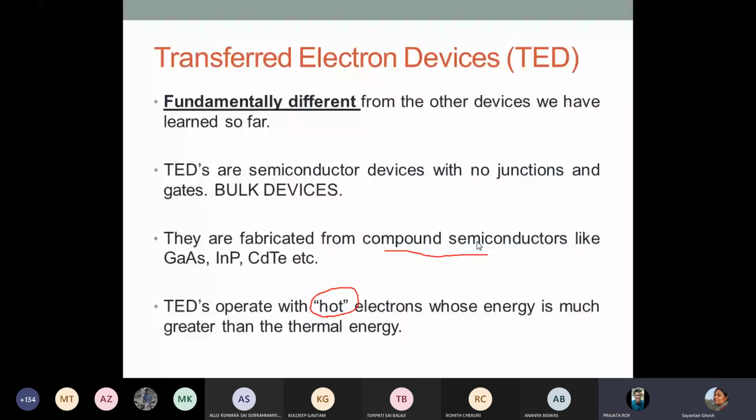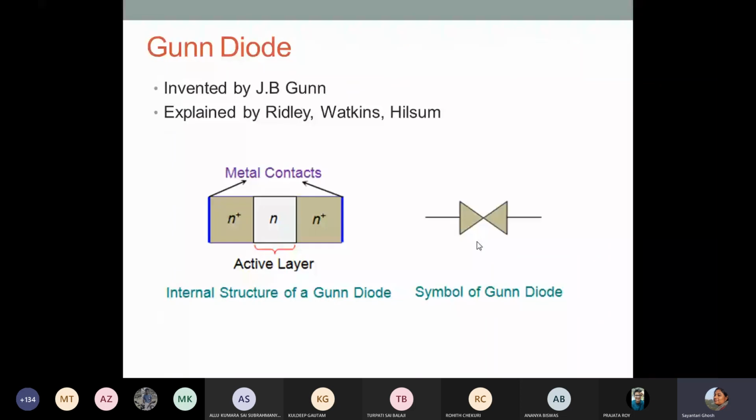So these are the three points. We will explain each of these points in detail and why they are so important. We'll talk about an entire theory of how these devices function in the next class. So I will stop here today. We'll start from this slide in the next class and talk in detail about gunn diodes.